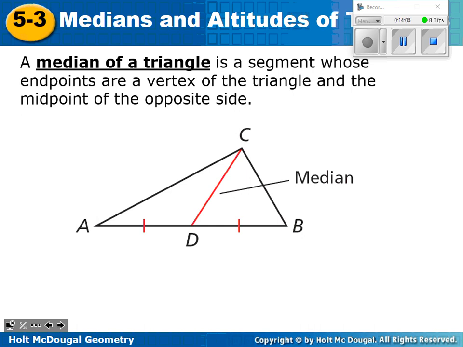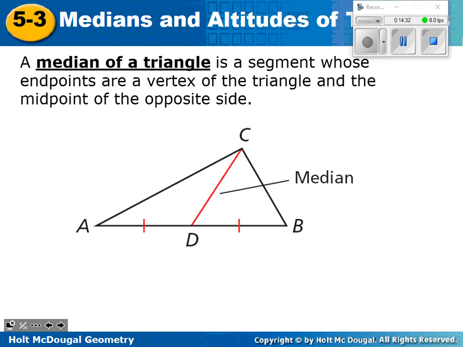So now we have a median. What is different on the median than on the perpendicular bisector? It's just a line segment. It's going from the vertex to the midpoint. Perpendicular bisector still goes through the midpoint, but it doesn't have to go through the vertex. What else? It's not a right angle, right?